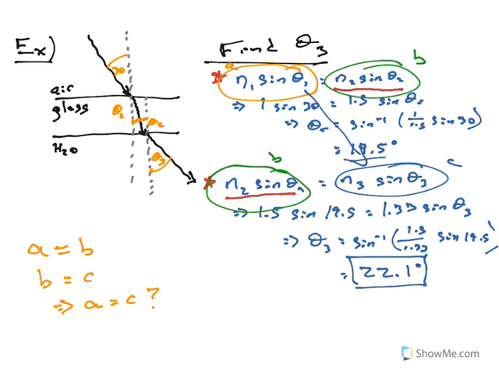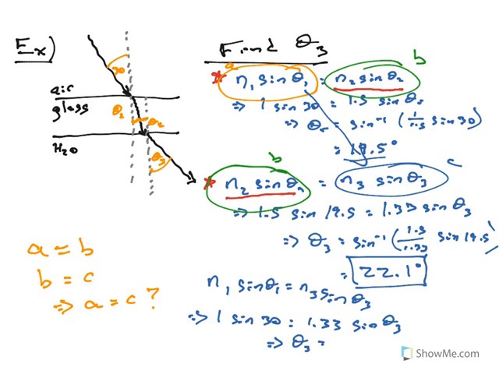So what I could have done, since I don't care about the glass, I'm not asked at all about finding theta 2, all I really had to do was say n1 sine theta 1 is n3 sine theta 3. So 1 sine of 30 is 1.33 sine of theta 3.